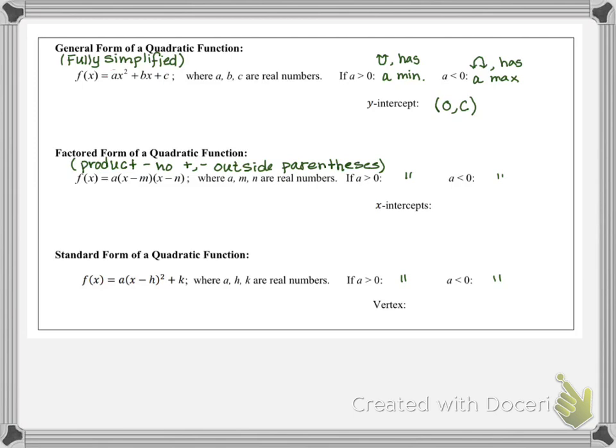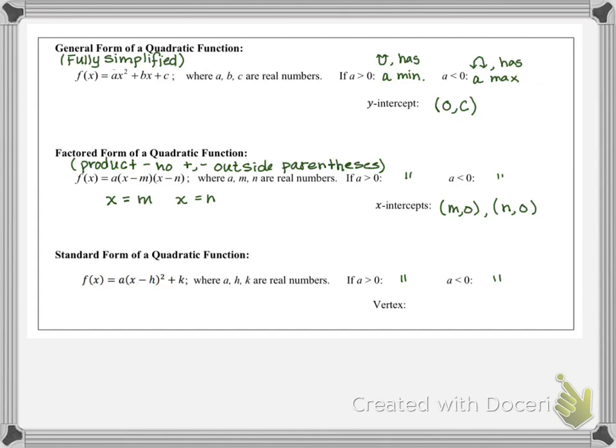And from factored form, we can really easily get our x-intercepts because we get x-intercepts by setting the function equal to 0. And if we set a factored polynomial equal to 0, that's just the same as setting each one of the factors equal to 0. And x equals n. So we get (m, 0) and (n, 0).